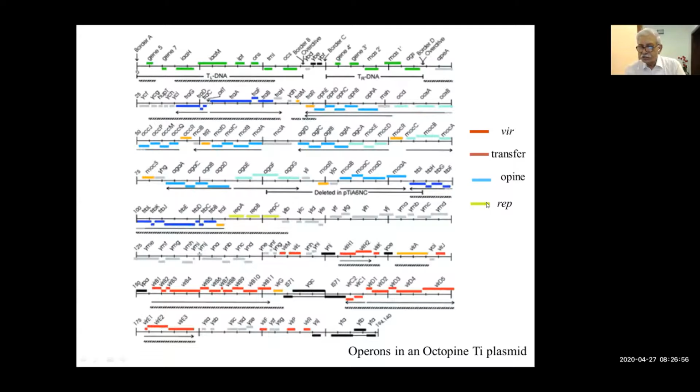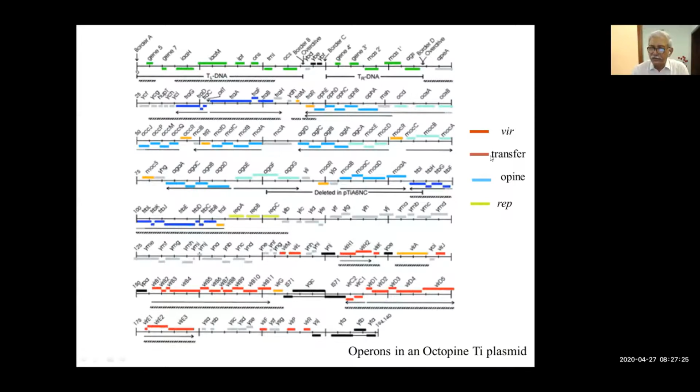So the ones which we need to develop a Ti plasmid that can be used for plant transformation are the virulence genes and the replication associated genes. None of these genes which are covered by blue or brown color are actually utilized at all in the synthetic plasmid.